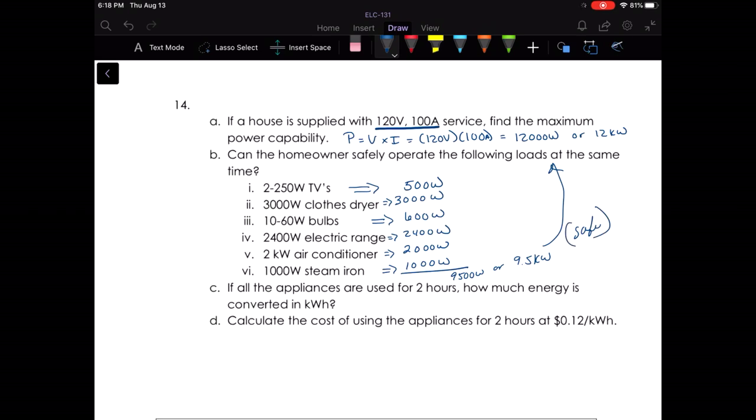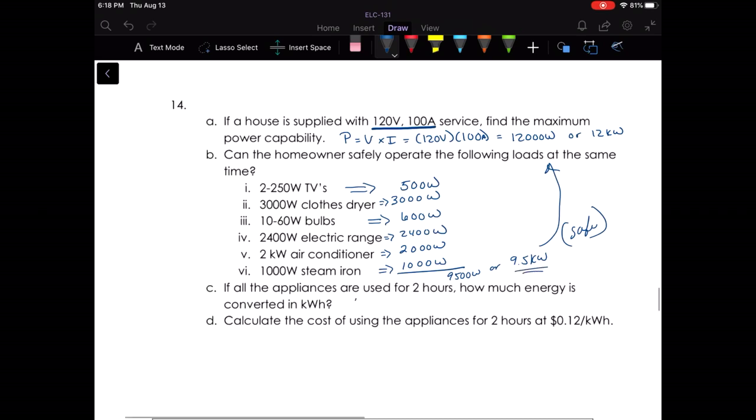Okay. Now, if we use all these appliances for 2 hours, how much energy is converted into kilowatt hours? Well, we've got 9.5 kilowatts times 2 hours. So that would have to be 19 kilowatt hours. I'm going to take off that R. Kilowatt hour.